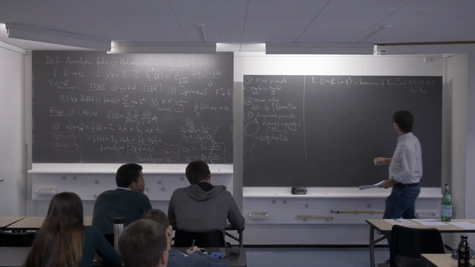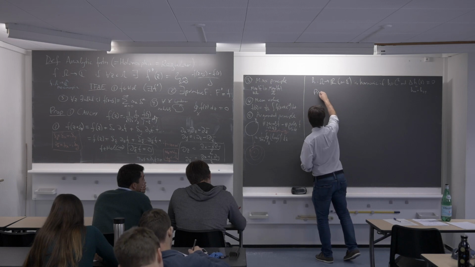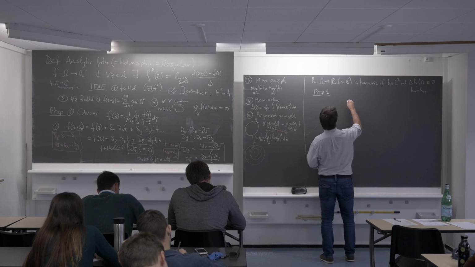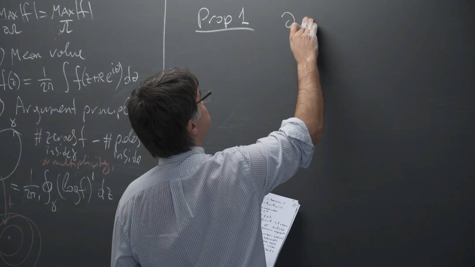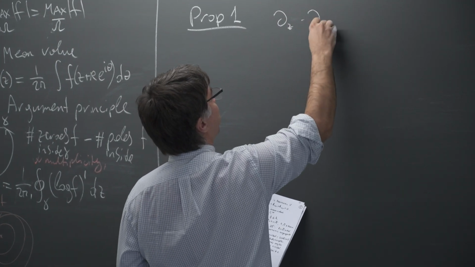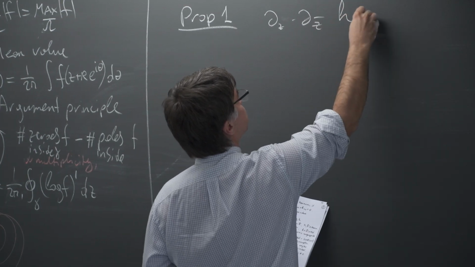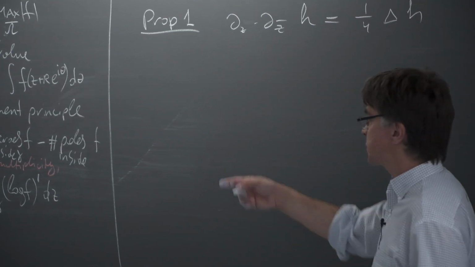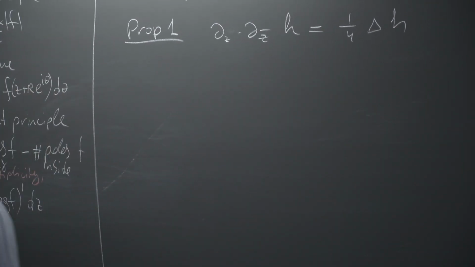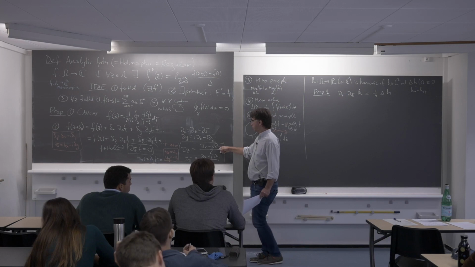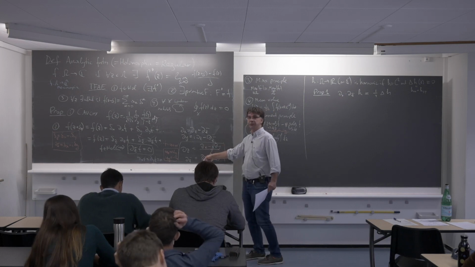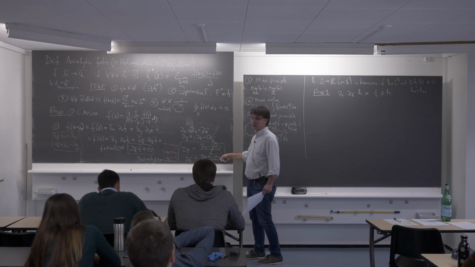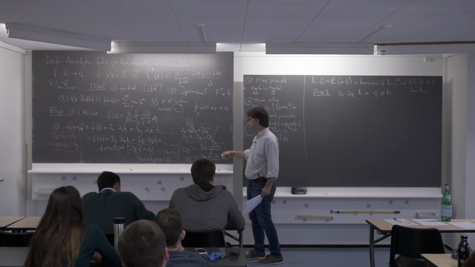Now, why would people want to put some numbers in front? Well, there are a few properties. The first property is that dz dz bar of h is exactly 1/4 of the Laplacian of h. If you combine these two, you get second derivative in x, minus i squared times second derivative in y, and minus i squared is plus 1, so we get the second derivative in y.